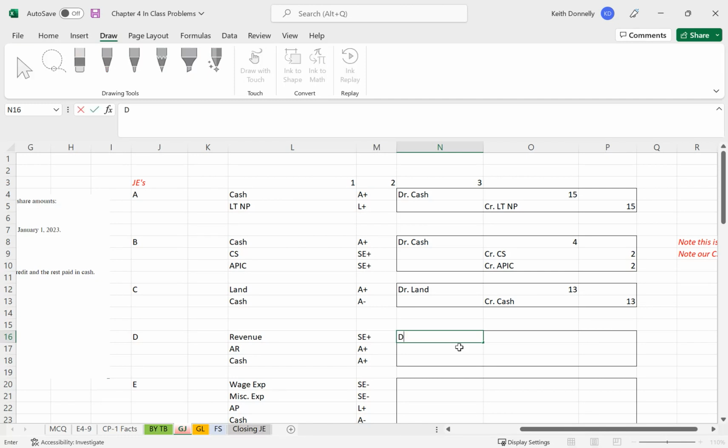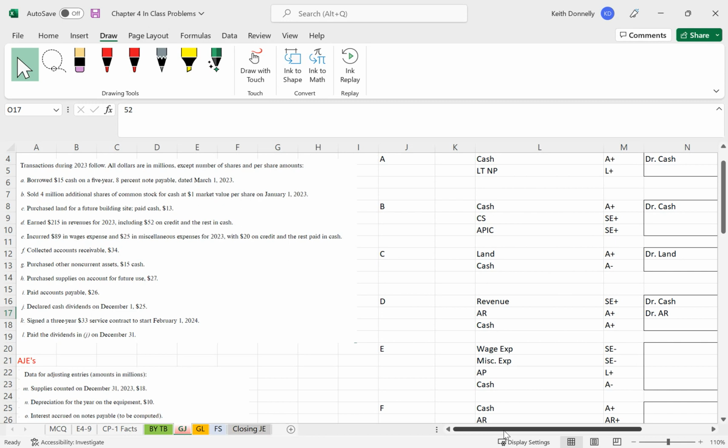So in this case, we're going to do debit cash, debit account receivable, credit revenue. They said 215 was in revenue, 52 was on account, and the rest, 163, that was in cash. Okay?